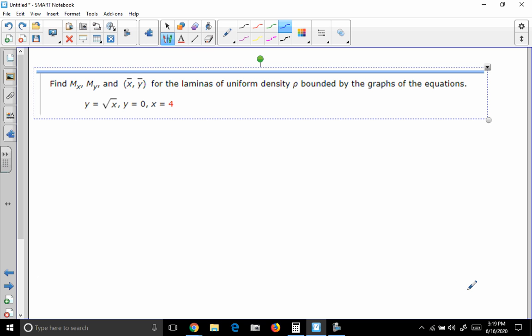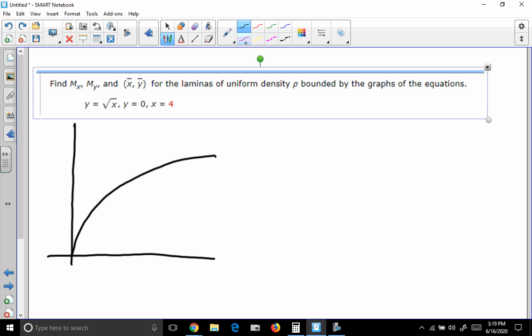Here's an example. We have this region, y equals the square root of x, which is like a sideways parabola, y equals 0, which is the x-axis, and x equals 4. So there's our region. We want to find the centroid, the center of mass of there.